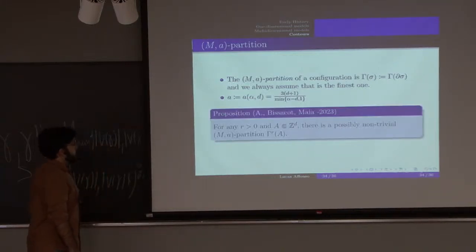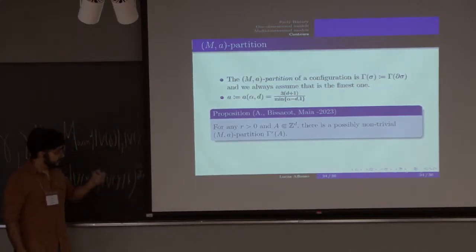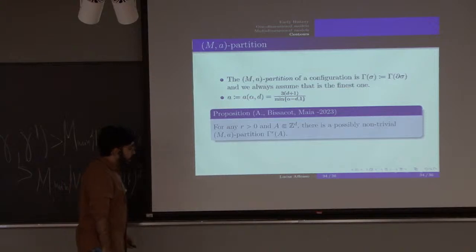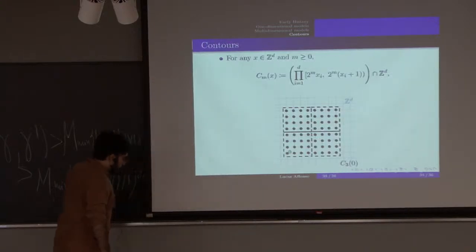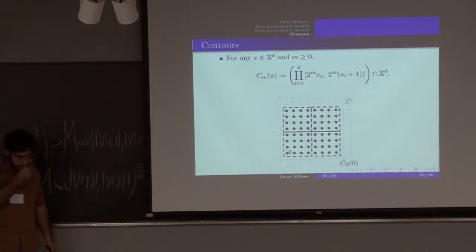And then in the preprint that I showed you by Bissacco, João, and myself, we can show a similar result also using the multi-scale argument. Another contribution of João to this problem is the simplification of the procedure.